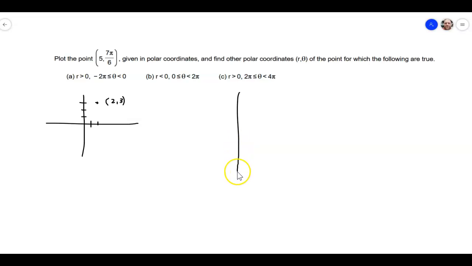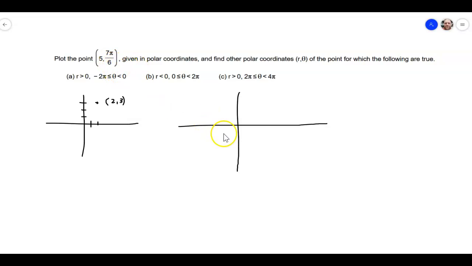And this is what our examples are going to be. So here we have the point with a radius of 5, which means the distance from the origin out to that point is 5. And the angle, starting from the positive x-axis and going counterclockwise, is 7 pi over 6, given in radians.